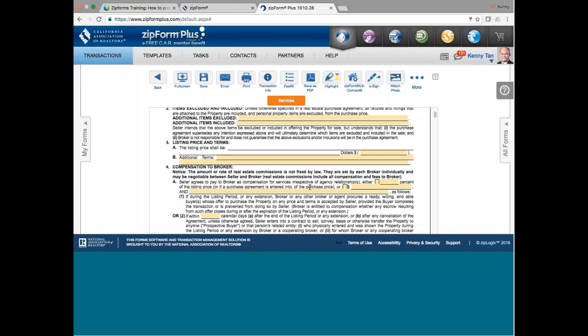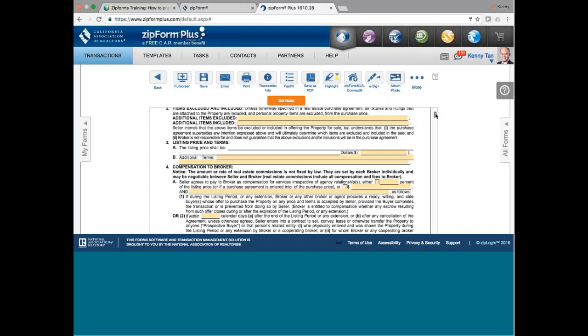And then it says, if during the listing period or any extension, broker or any other broker or agent procures a ready, willing, and able buyer whose offer to purchase the property on any price and terms is accepted by seller, provided the buyer completes the transaction or is prevented from doing so by seller.